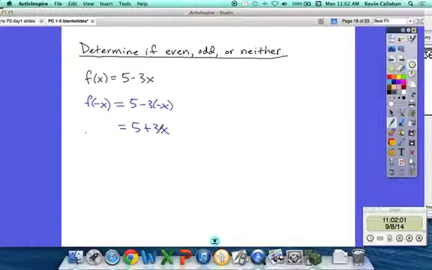Well, let's see. The negative 3x is good, but the 5s are the same. So this does not equal f of x, and does not equal negative f of x. So it's not even, it's not odd, it's neither.